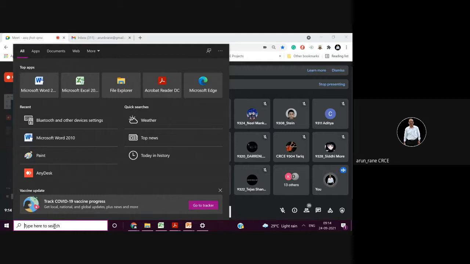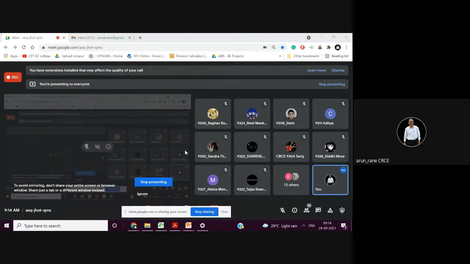Now my question is: suppose there are four stations. Let's say in the first station there is a punching, second station there is a notching, third station there is a blanking, and fourth station again some notching.